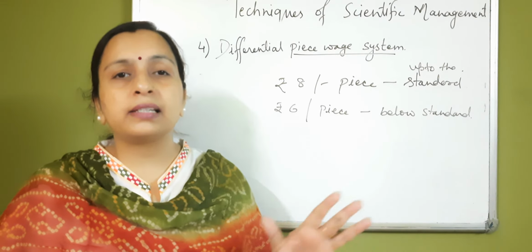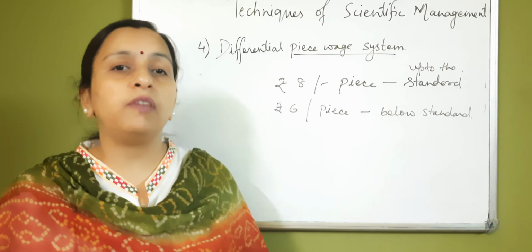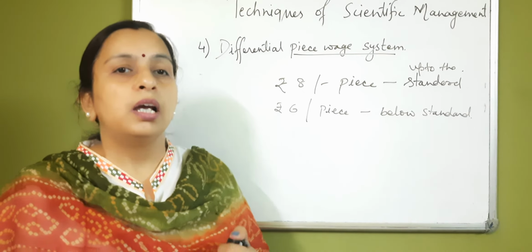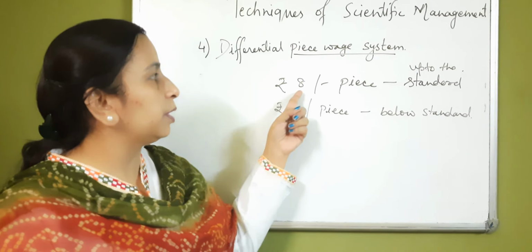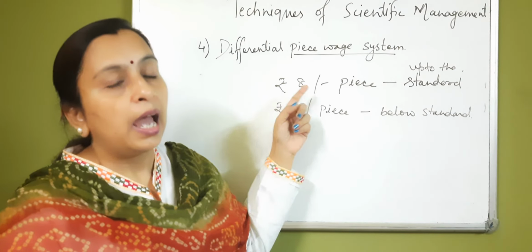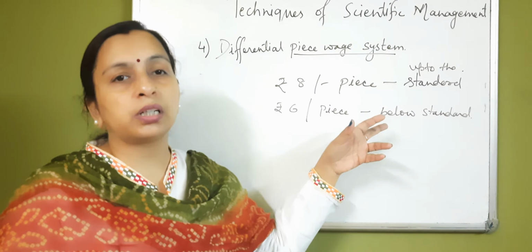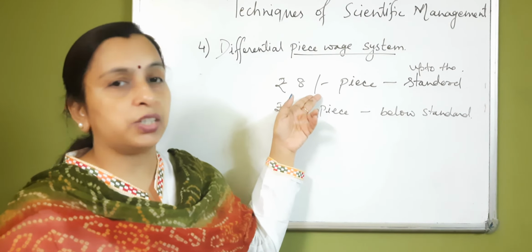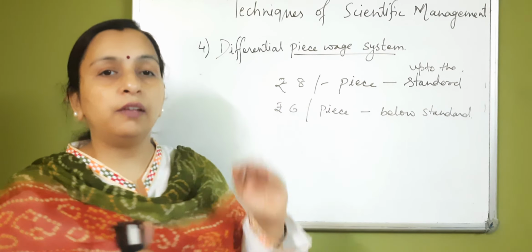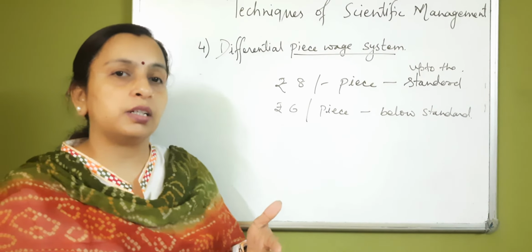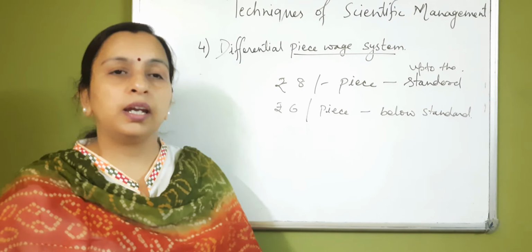So this acts as a very important motivator to the workers. The efficient workers are motivated because they are being paid higher wages, and when efficient workers are paid more, the inefficient workers also get motivated to come up into the category of efficient workers.